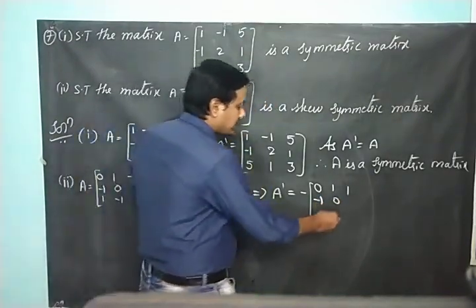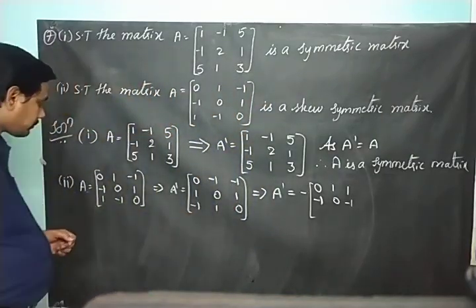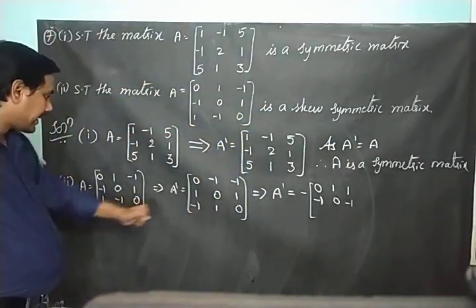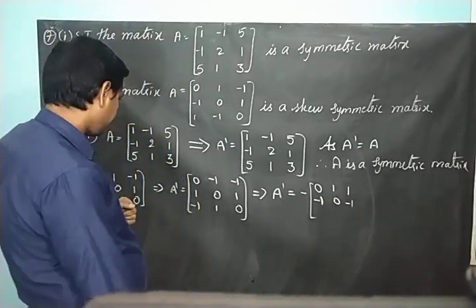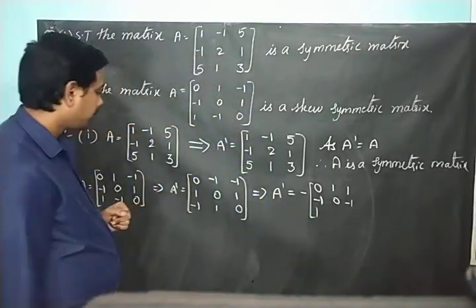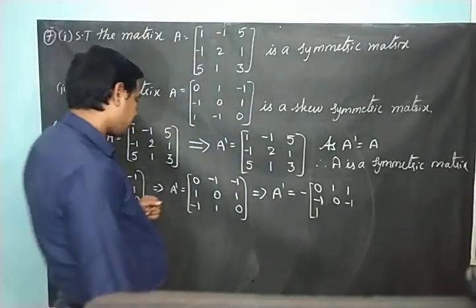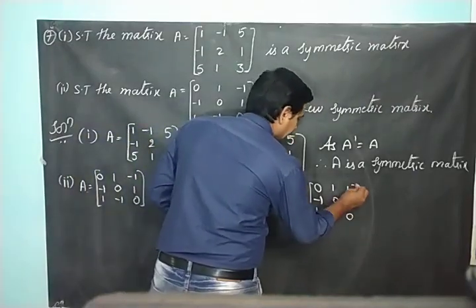Plus 1, once again minus 1. Now here minus 1 becomes plus 1, plus 1 becomes minus 1, and 0 as it is.